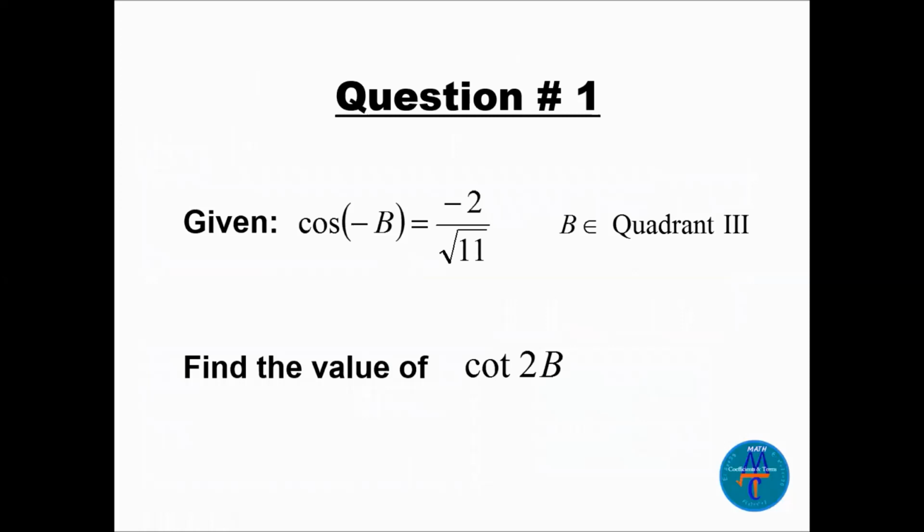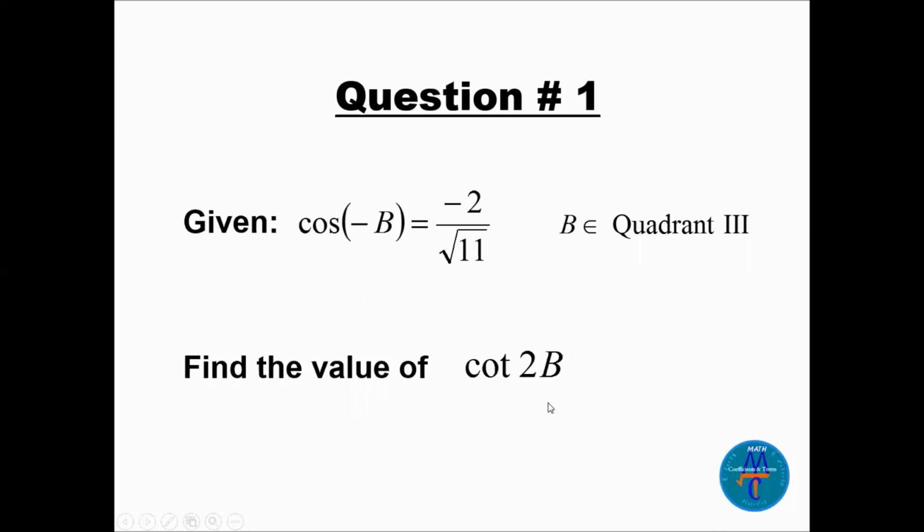Given cosine of minus b is equal to minus 2 divided by square root of 11, b belongs to quadrant 3. Find the value of cotan 2b. So we have angle b, cosine of minus b is this, and we need cotan of the double angle.